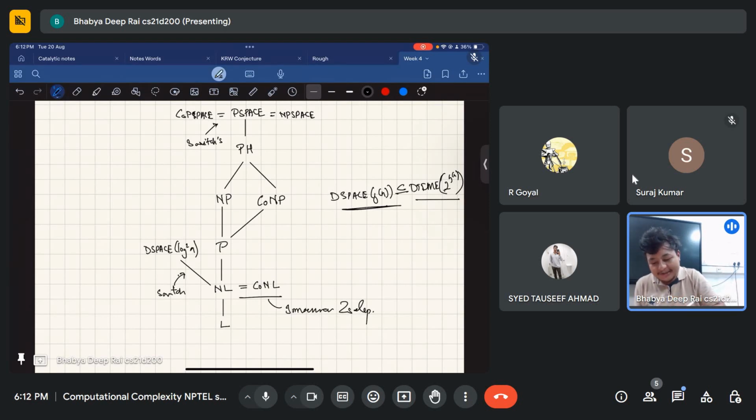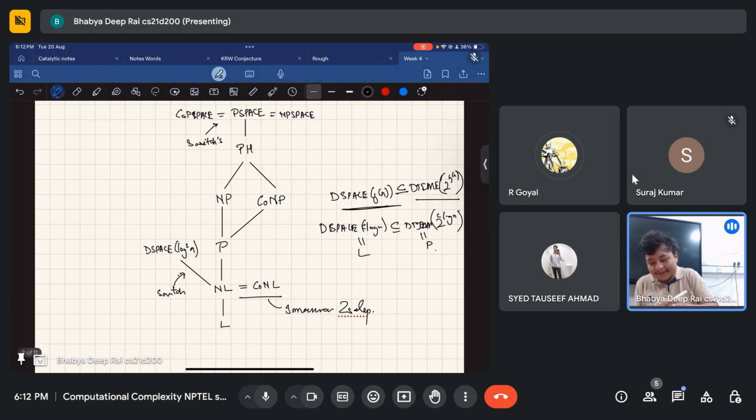So if f(n) is log n, then D space of log n, which is nothing but L, is contained in D time 2 to the log n, which is nothing but n to the c, which is P. So this is why L is contained in P.